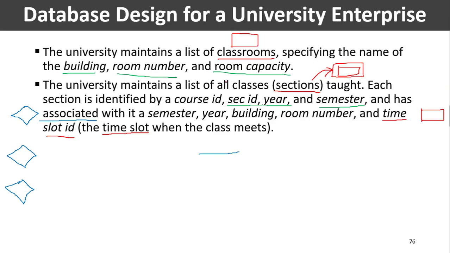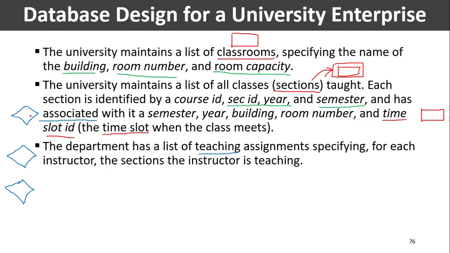Further, it is mentioned that sections are being taught with a particular time slot, right? So every class is associated with a time slot. Every section is being delivered at a particular time slot. So associated with this time slot and this section, we may think of one relationship. Okay.